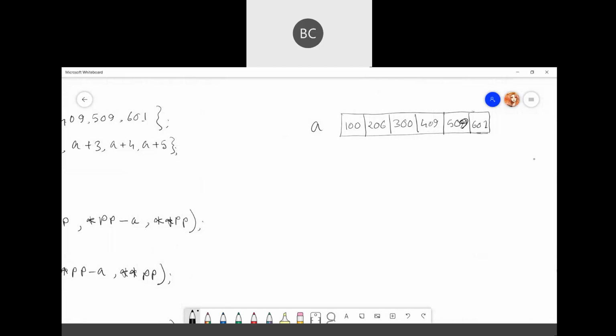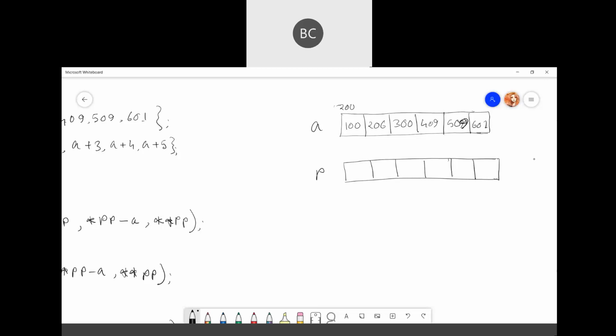So let's take the pointer first. 1, 2, 3, 4, 5. So this is your P. Now, for example, just think this is your array, and the array's address will start from 200.